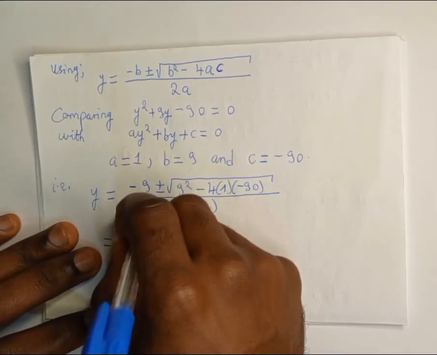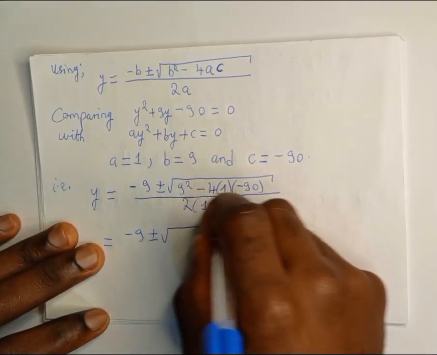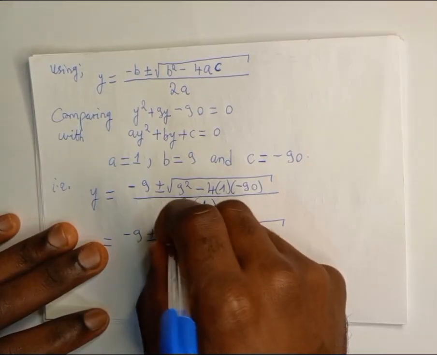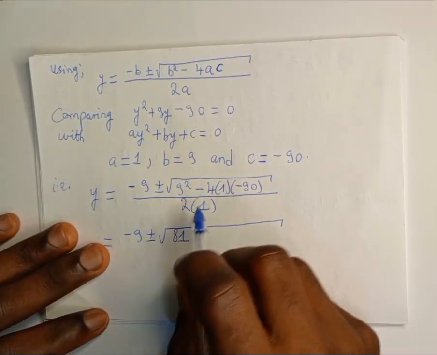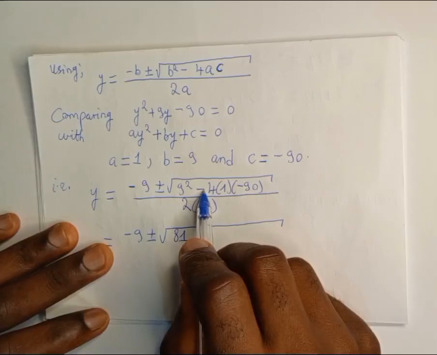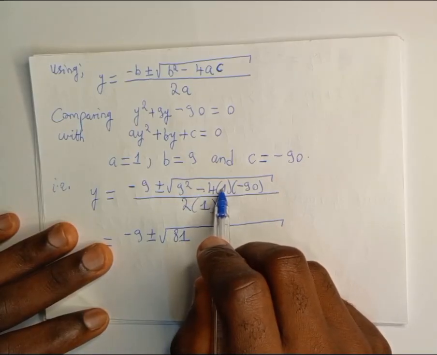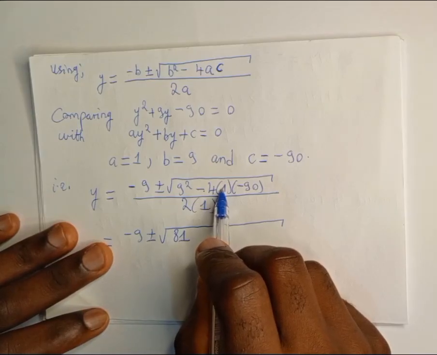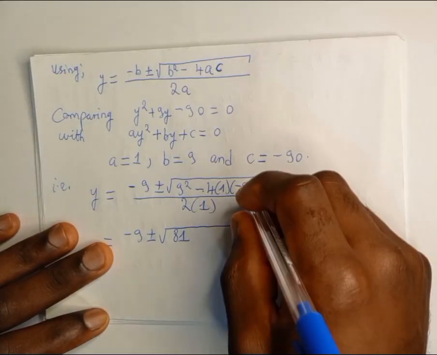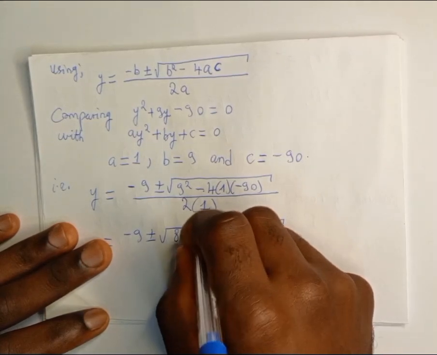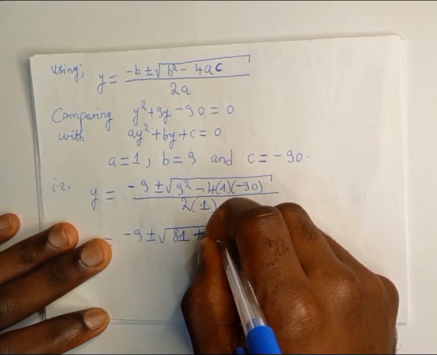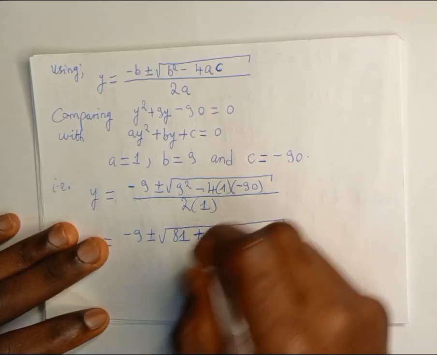This will be equal to negative 9 plus or minus the square root of 9 squared. 9 times 9 gives us 81. Negative 4 times 1 gives negative 4. Negative 4 times negative 90 gives us positive 360.